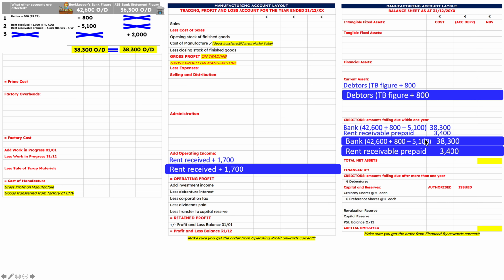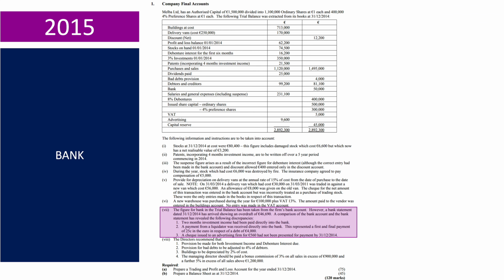So rent receivable prepaid, if a business gets rent receivable prepaid, they owe the tenant 4 months rent, 4 months use of the space. So that is a liability there. So that is that one done. Now 2015 Melba, a company account.